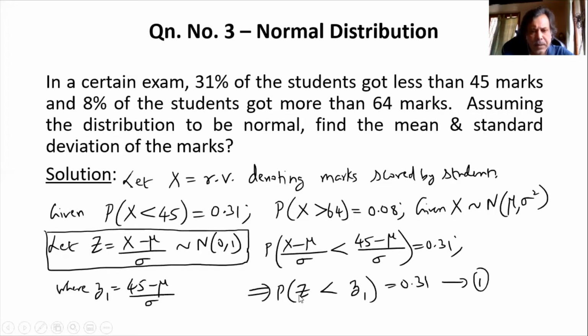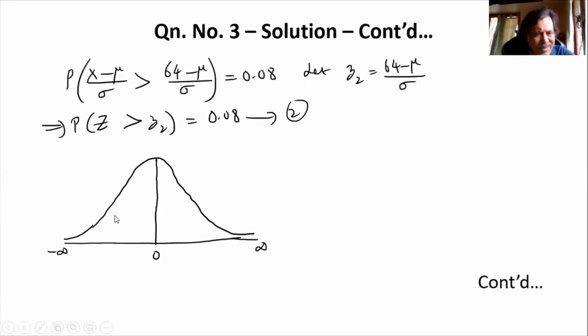So here it is 31% less than, that means somewhere from negative infinity to 0 it is 50%. So 31% should be somewhere here. So I will call this Z1. One thing is clear, this Z1 should be a negative number, right?